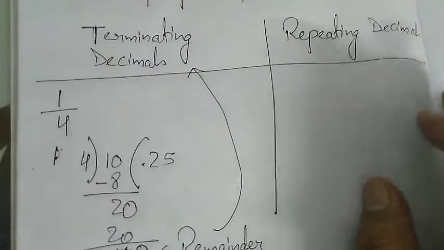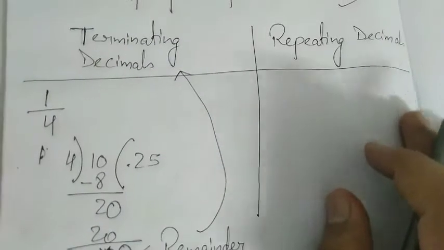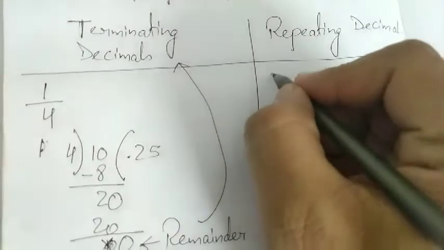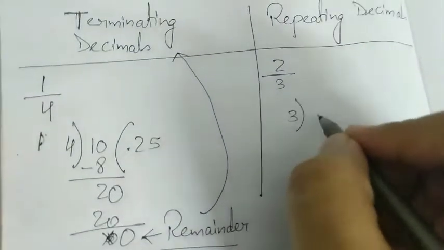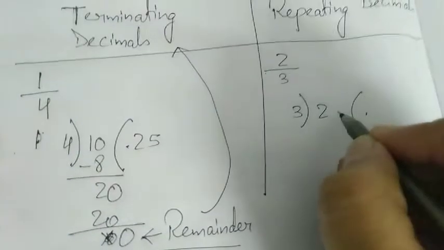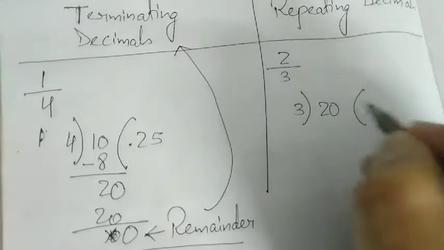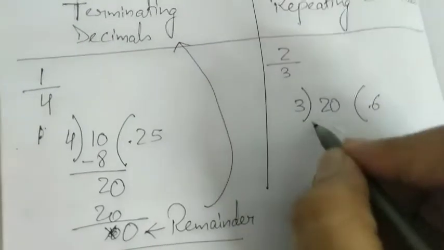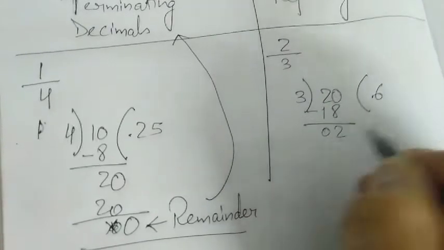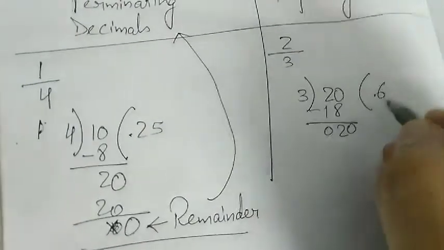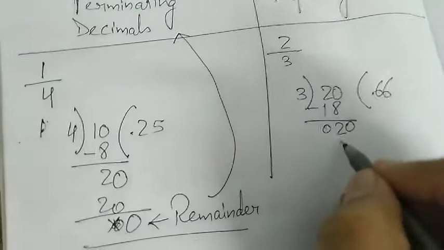Let's talk about a repeating decimal. Suppose we take the example of 2 by 3. What is the meaning of 2 by 3? So 3 will be dividing 2, isn't it? For a decimal, 20, 3 6s are 18. Again subtraction, 2 came. Again for the dot, 20, 3 6s are 18.